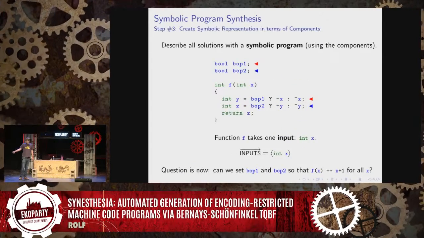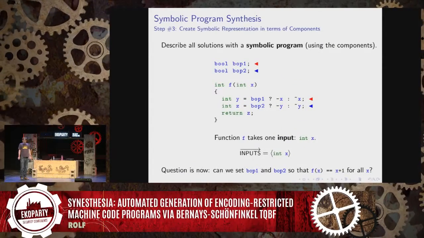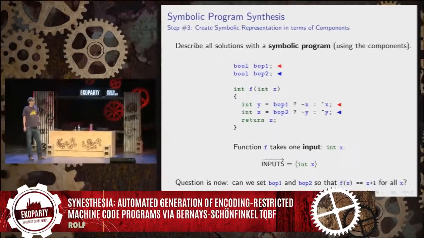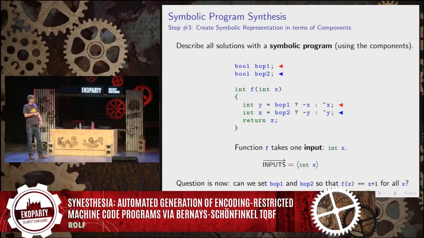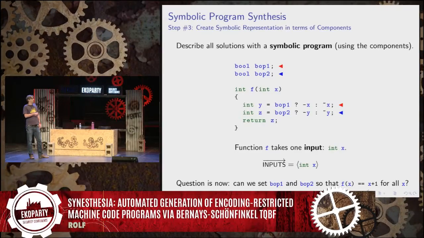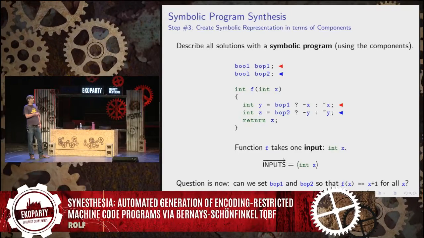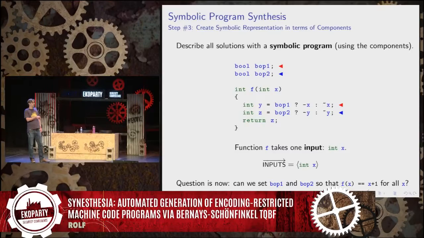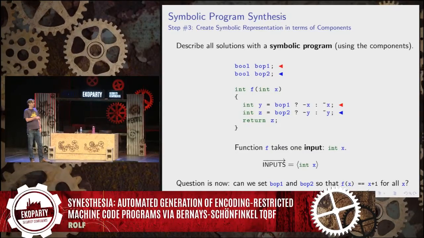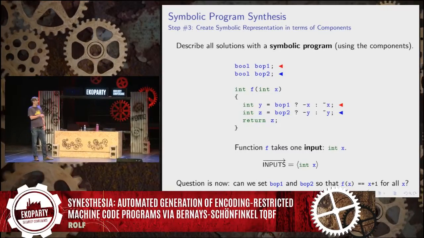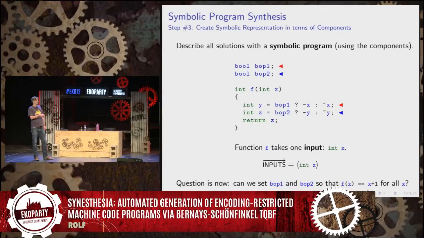So having examined the problem like this, now we can rephrase the question by saying, given this C program here, this C program incorporates our components. It has the two Boolean values, bop1 and bop2. And we have some function f, takes as input an integer x.